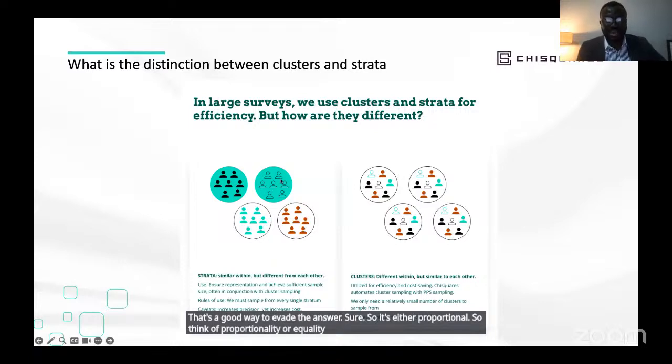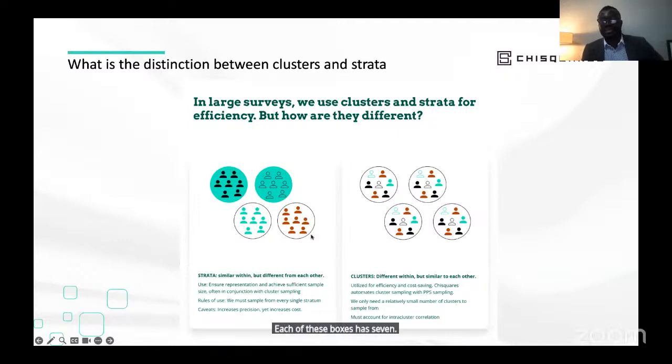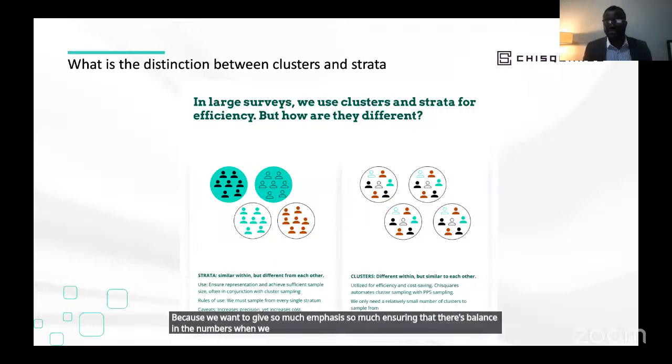Here, right? We have 1, 2, 3, 4, 5, 6, 7. Each of these boxes has 7, right? Yes. So the sampling in terms of sample size is based on the framework of equality, because we want to give so much emphasis on ensuring that there's balance in the numbers when we actually analyze the data. So we're emphasizing balance.